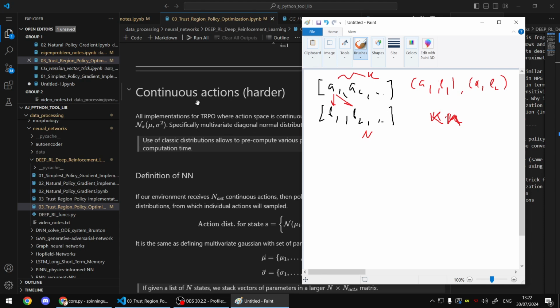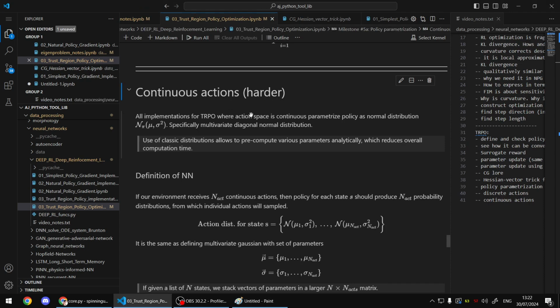Yeah, because in continuous action you can basically have an arbitrary number of continuous actions. Okay, let's talk about it. The most common technique to create policies that produce continuous actions is to parameterize them as one of the typical distributions.